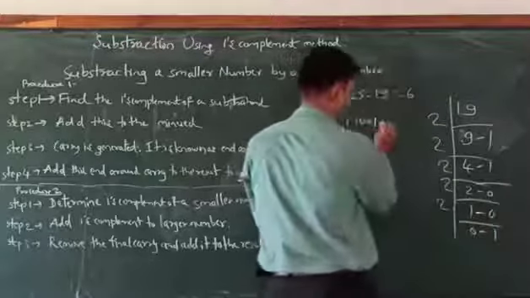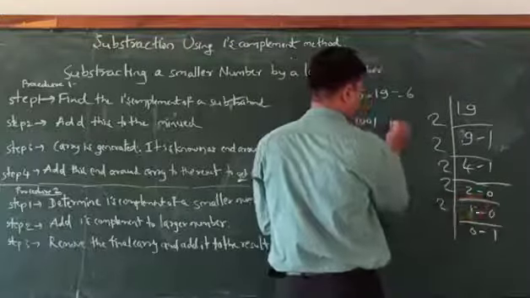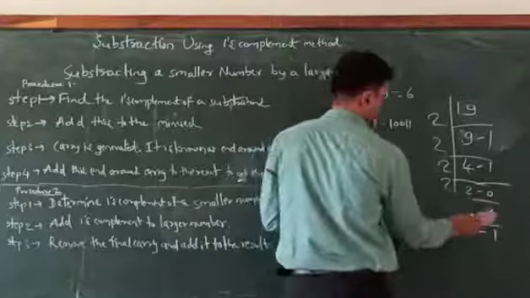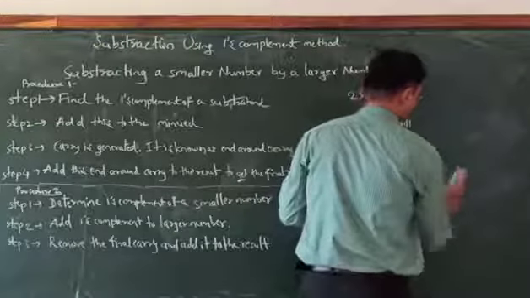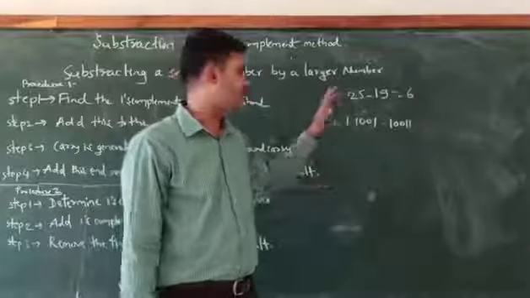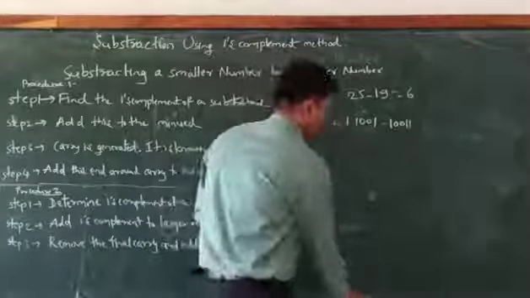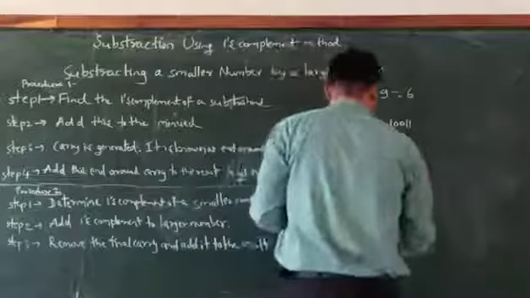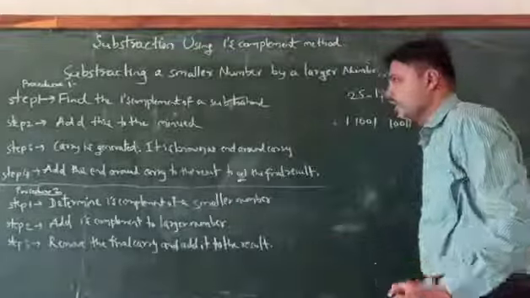Answer is 1 0 0 1 1. First we need to convert 25 to a binary number, and 19 to a binary number. This one we don't know what will become the answer. So what is the procedure here?